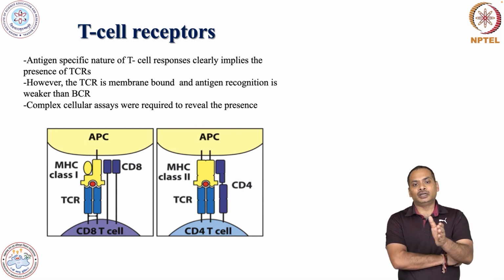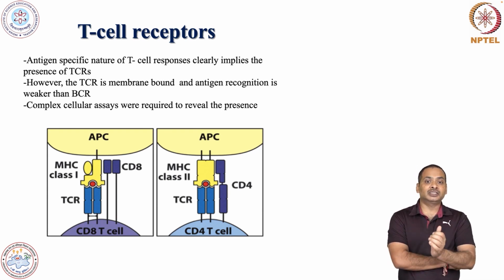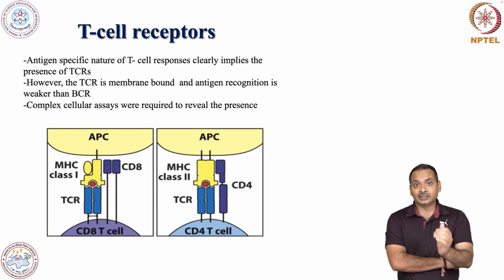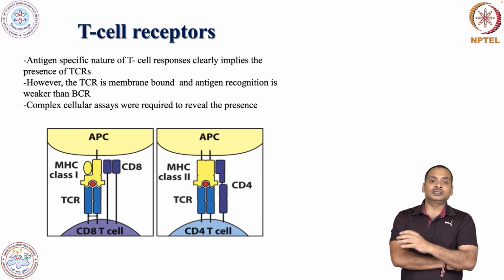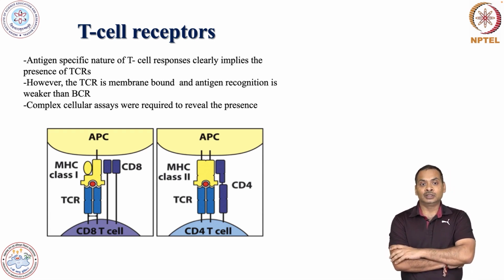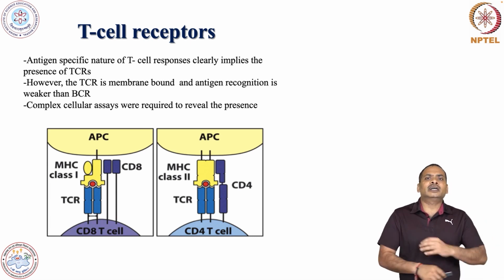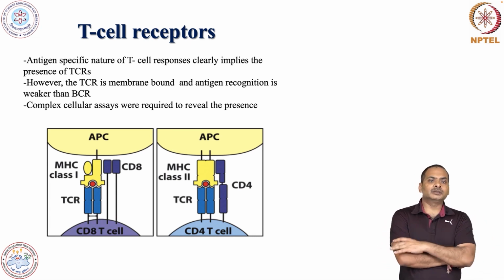In the other image you can see there is an MHC class 2 molecule, there is an antigen, and then there is a TCR along with a CD4 molecule. So, this is the kind of arrangement.